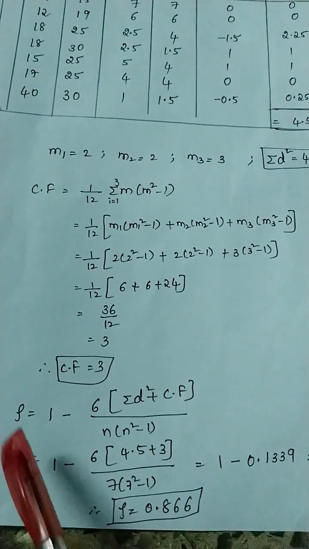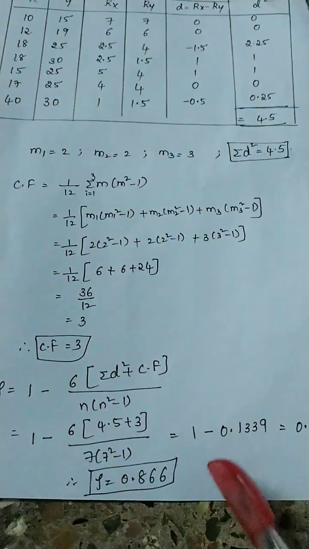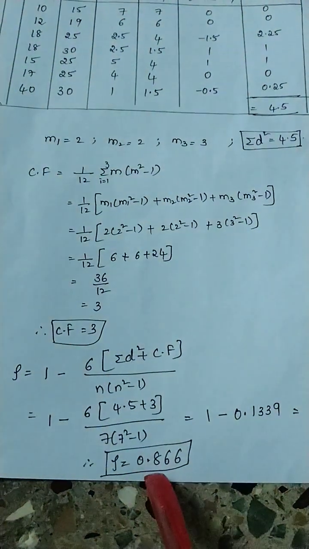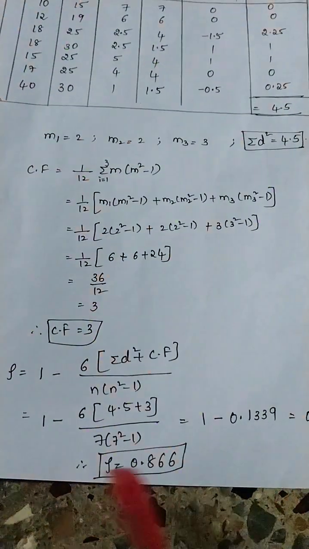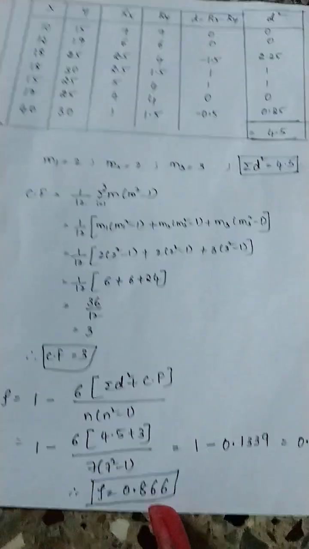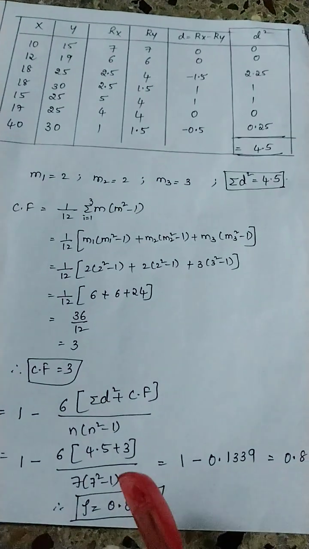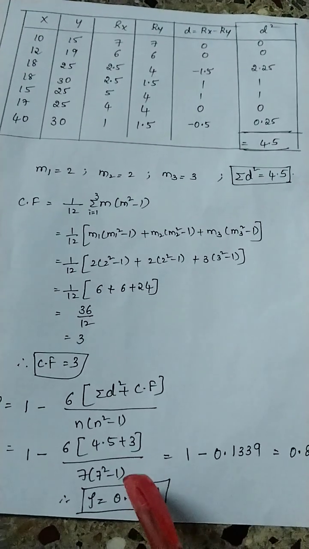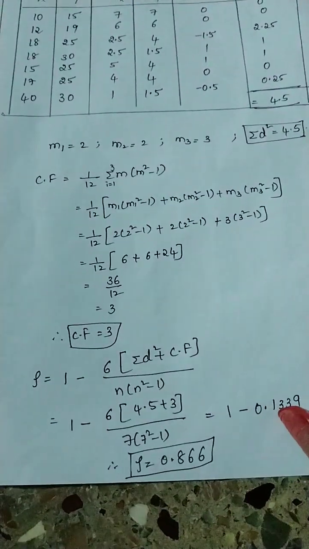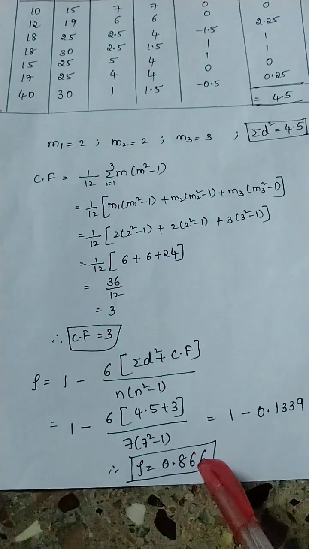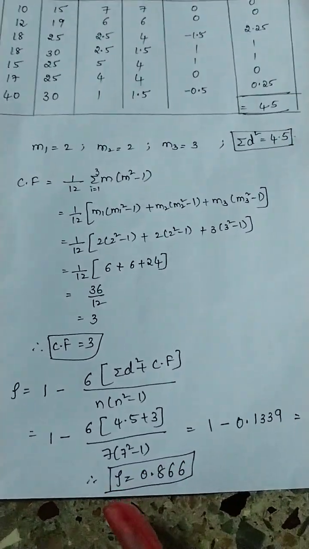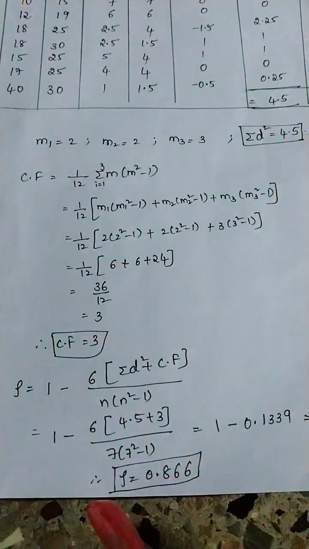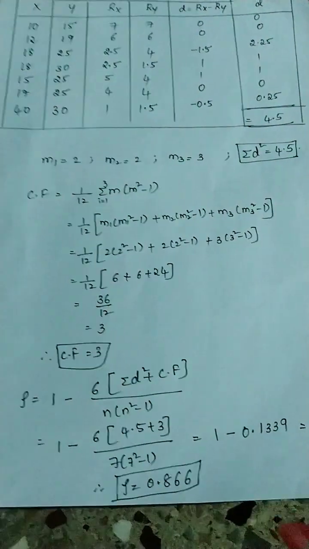On simplification, you are going to get the value of rho as 0.866. That is nothing but 0.87, where the rho value always lies between minus 1 to plus 1. Here you got rho equal to 0.866. That means the value of rho lies between minus 1 to plus 1.